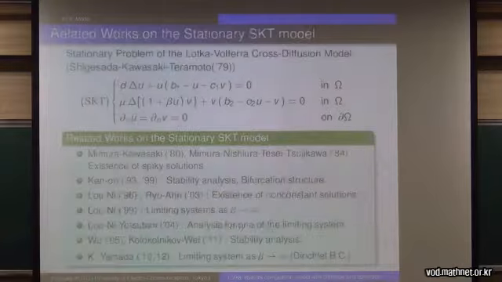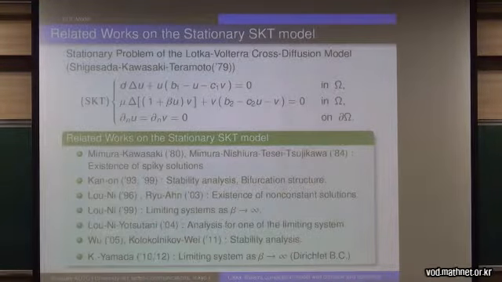And for such a type of cross diffusion, as for the stationary problem, I have an advantage. Okay? This system can be reduced to a semi-linear problem by employing an unknown function, this part, 1 plus beta u times v. So this problem can be reduced to a semi-linear problem as long as it is a stationary problem.